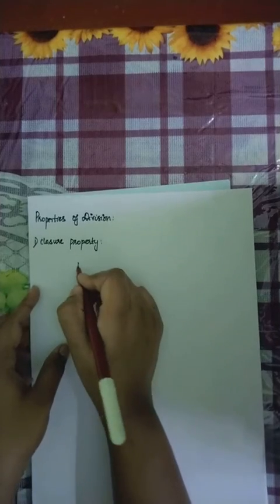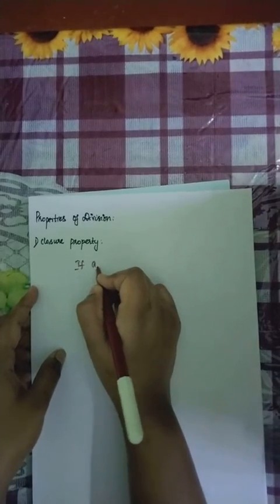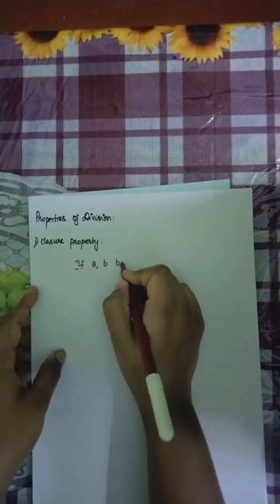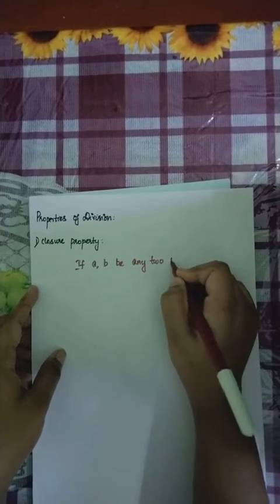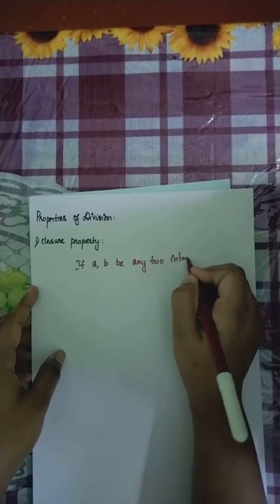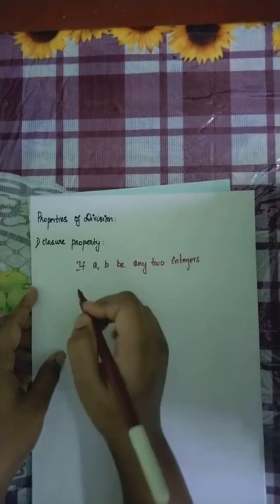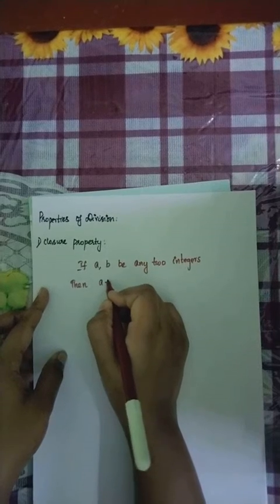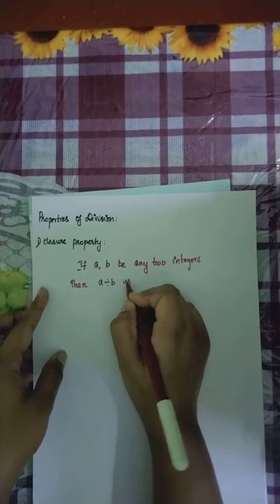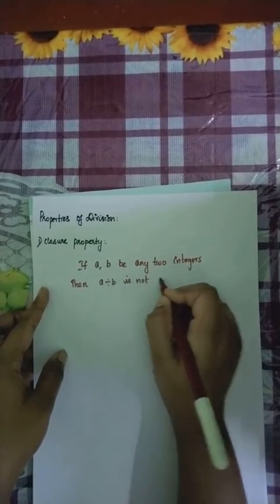So if a comma b be any 2 integers, then a divided by b is not an integer.